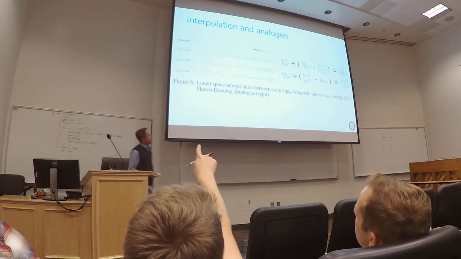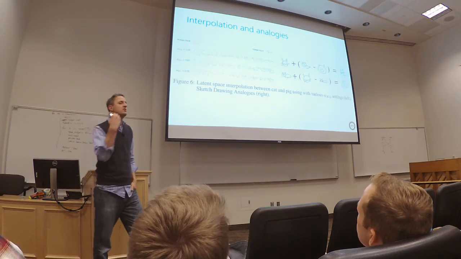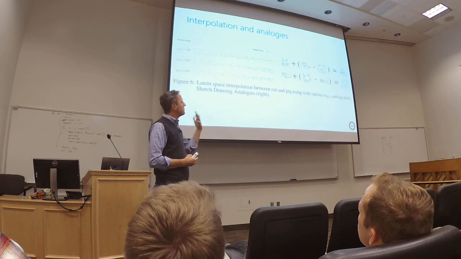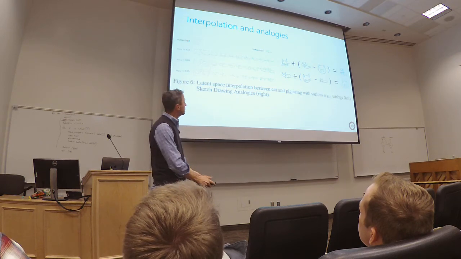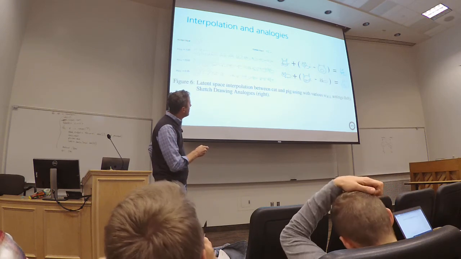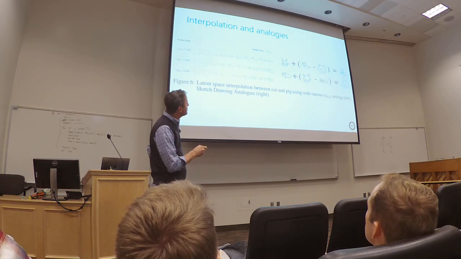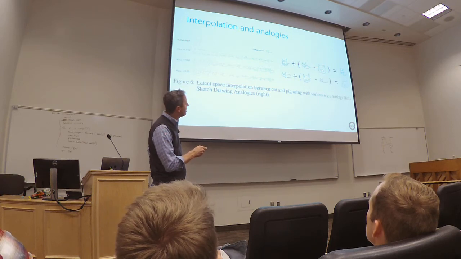The other cool thing was they also did this experiment where they said, okay, if Z's are summaries, can we do something called image analogies? So I take the representation for this image, the one with the body, and subtract the head. What's left? Just the body.